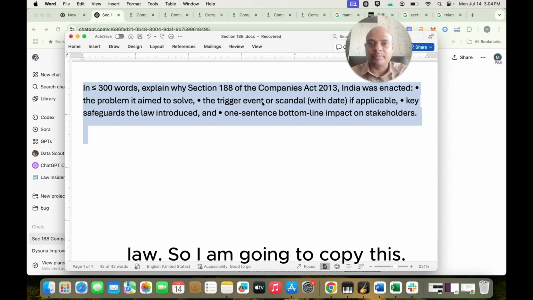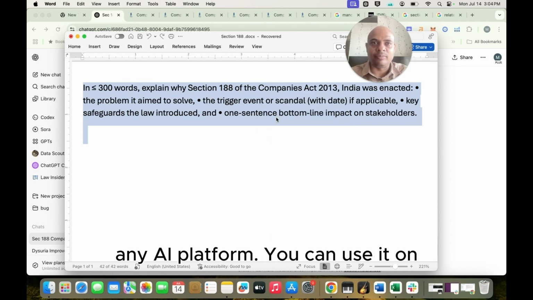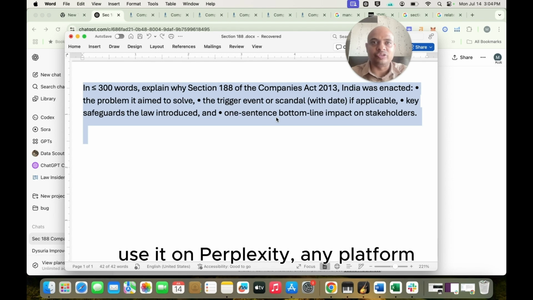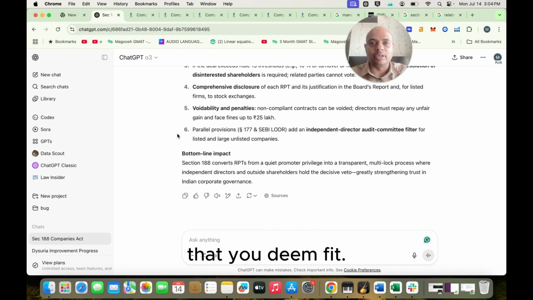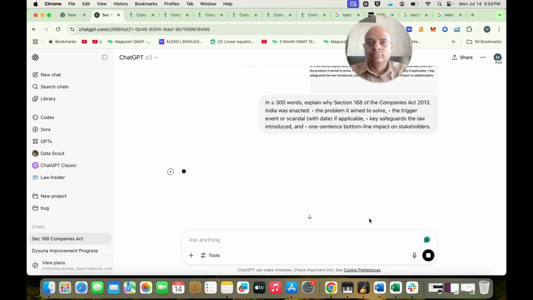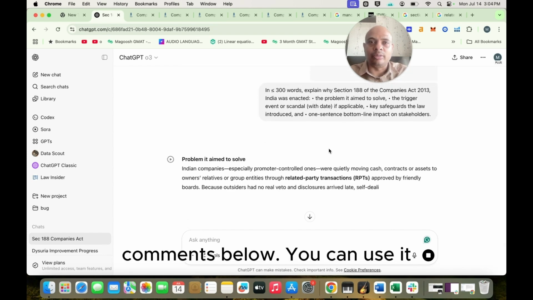So I'm going to copy this. By the way, you can use this prompt on any AI platform. You can use it on GPT, you can use it on Gemini, you can use it on Perplexity, any platform that you deem fit. So I'll leave this prompt in the comments below.